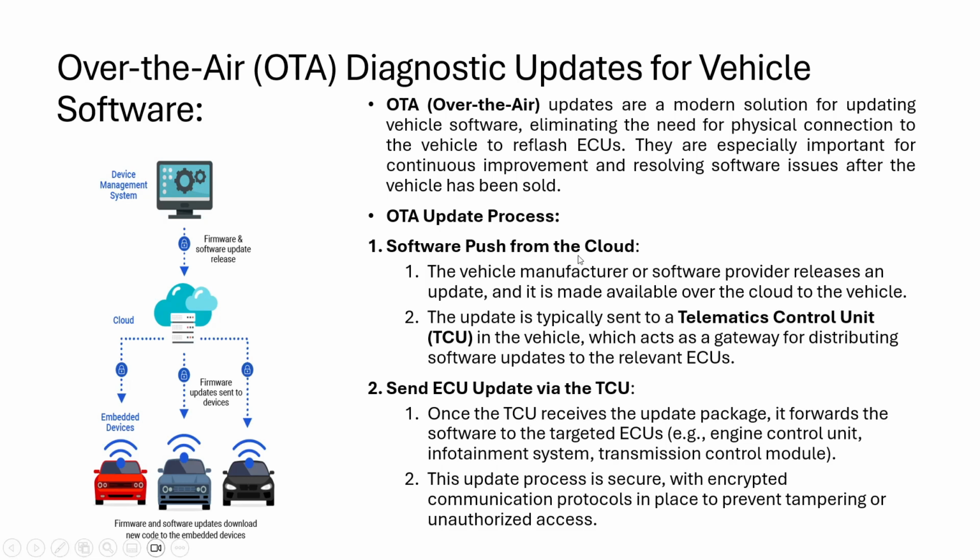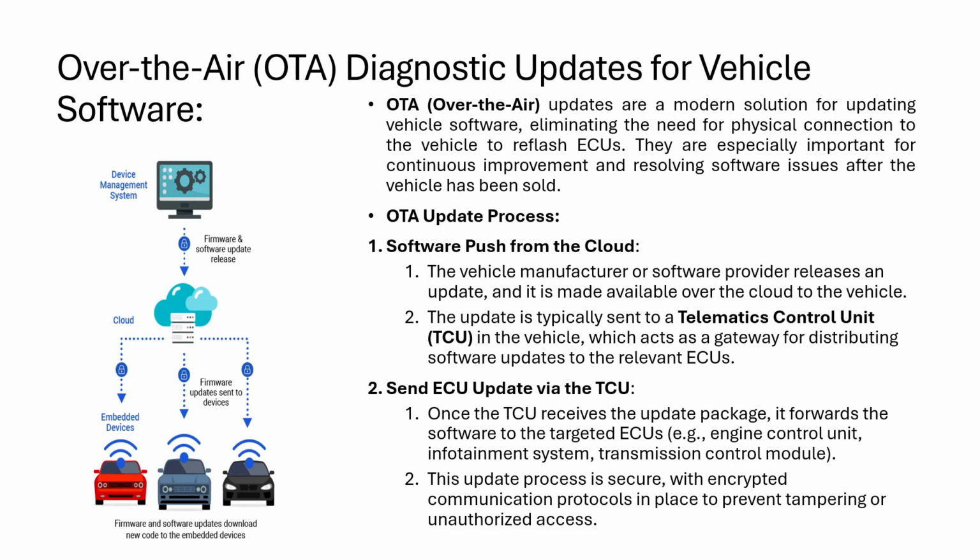Software push from cloud. The vehicle manufacturer sends the latest version of firmware and software to the cloud, and those updates are typically sent to a unit called the telematic control unit in the vehicle.